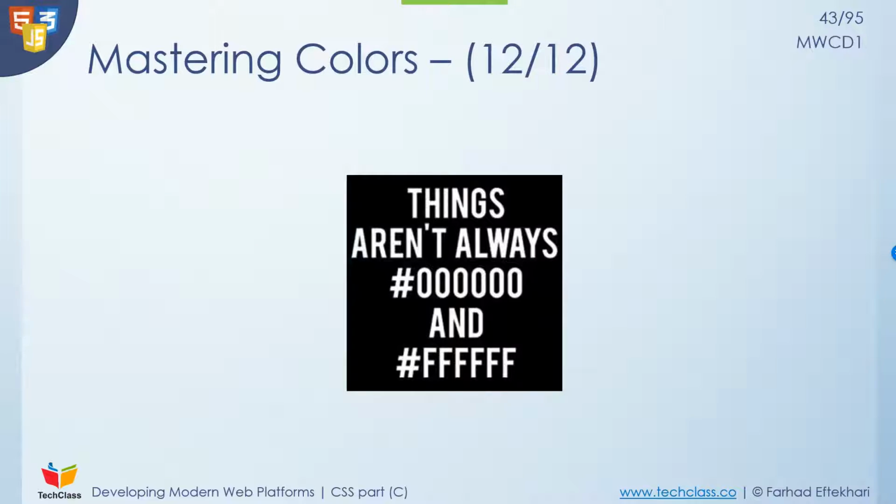Here's also, as a joke, you can see things aren't always black and white. So these are the hex colors of black and white. So definitely make sure to at least memorize this hex code, which is also very easy to understand, because as you understood earlier, without using any color, the color would be black, and if you put all of the colors at their maximum level, then the output is going to be white.